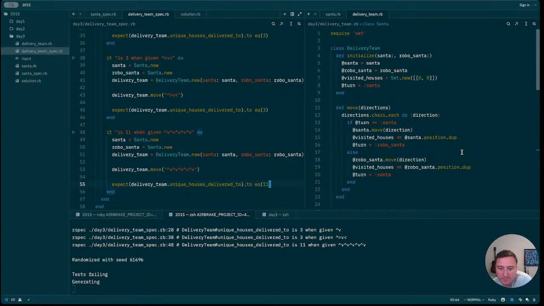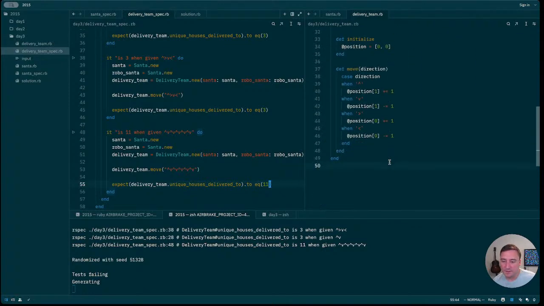And this also points to a feature we probably need in the RSpec agent of being able to stop this looping when it keeps rewriting tests and it runs into something here.